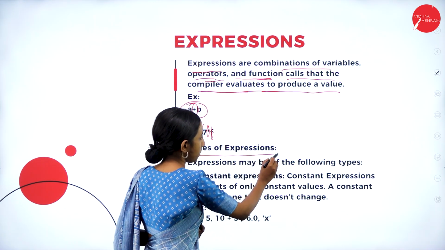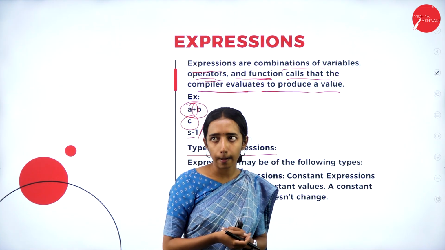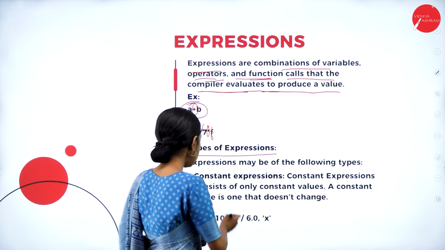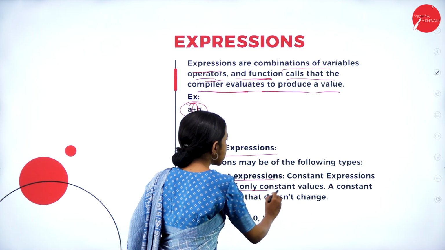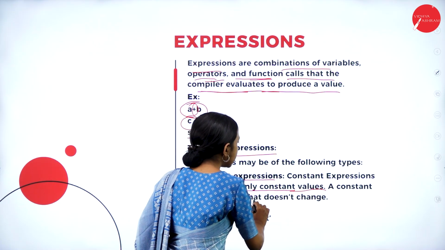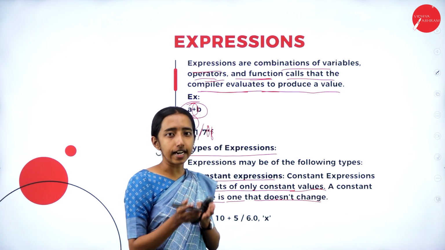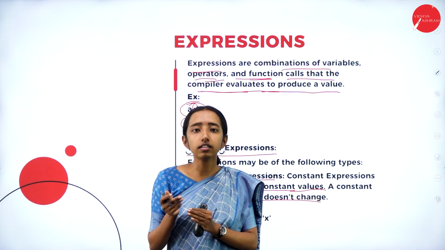Types of expression. So there are also different types of expression. The first expression, constant expression. A constant expression consists only of constant values. A constant value is one that does not change. Constant means the value does not change.